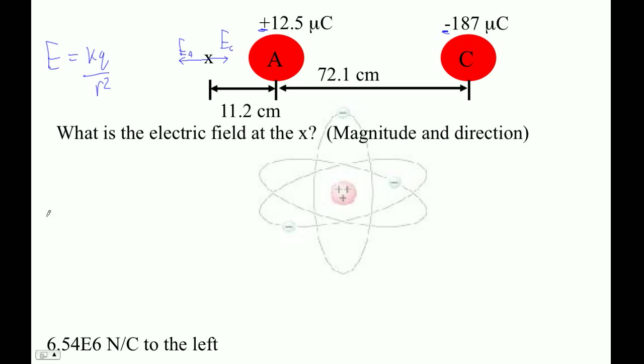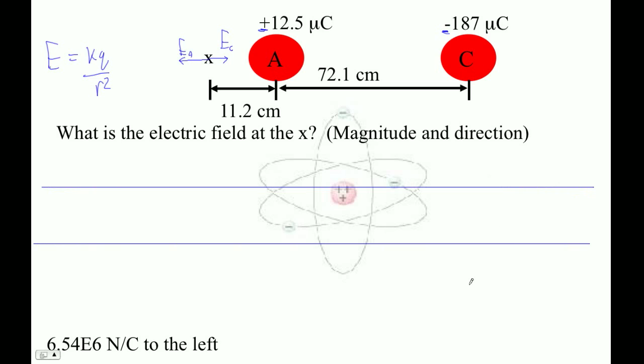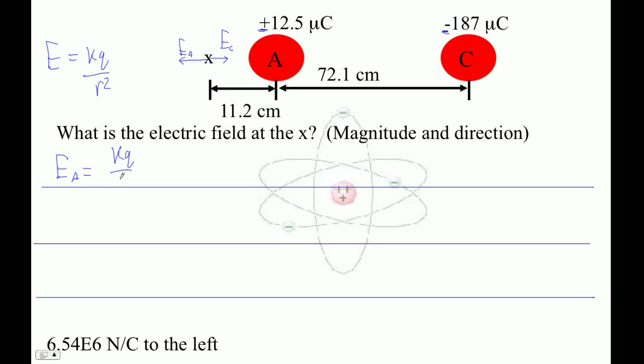So let's figure this out here. Let's draw some lines; that'll help us out. Okay, so E of A is equal to KQ over R squared. So it's 8.99 E9, and I'm not putting the units in just for fun.